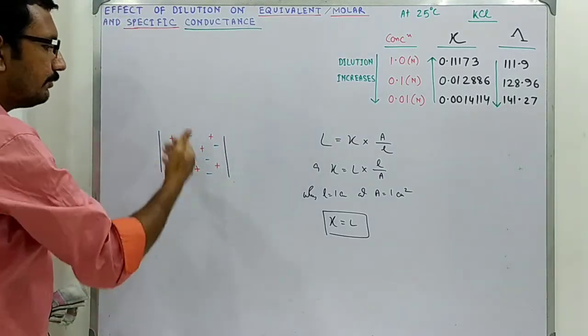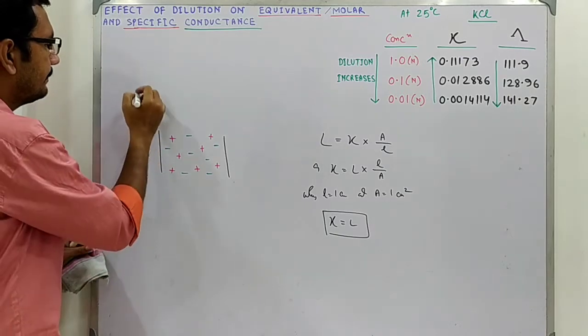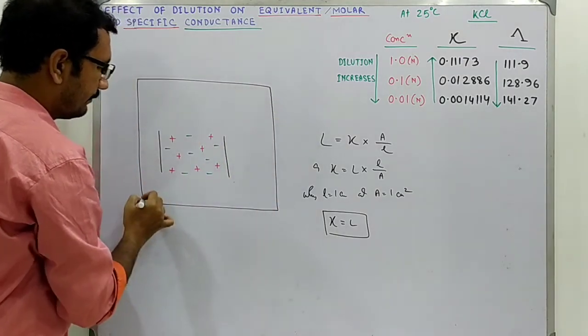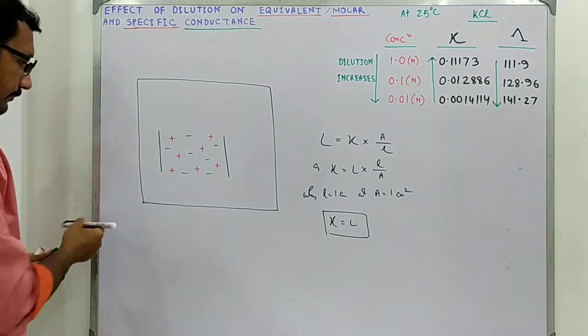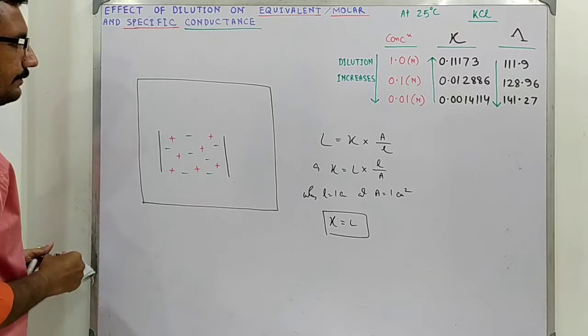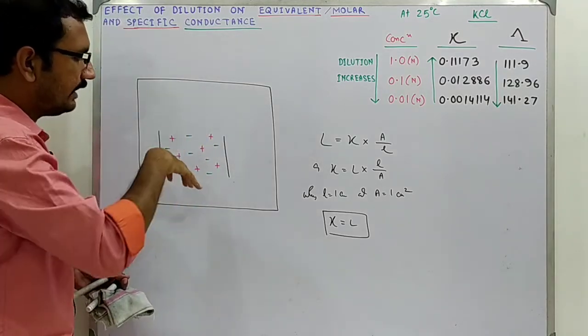Now, we are pouring water in it so that the volume increases by 10 times. What will happen? We are pouring water in this solution, so it will be diluted.